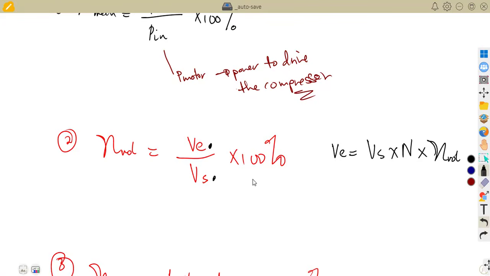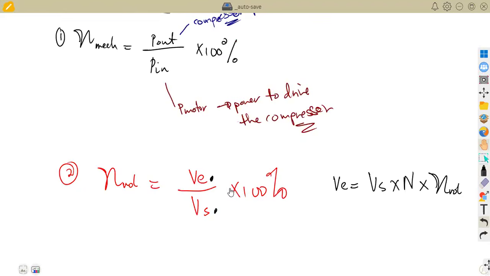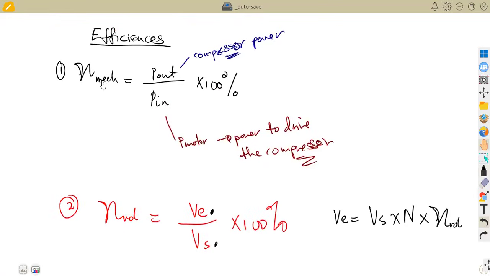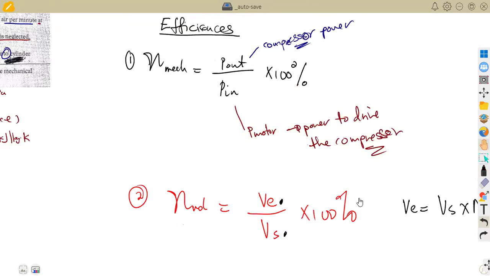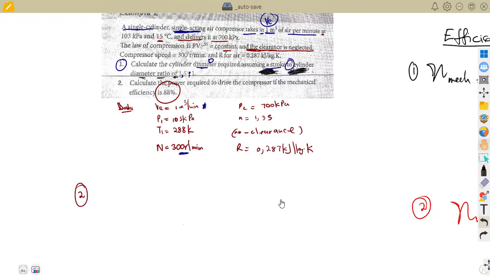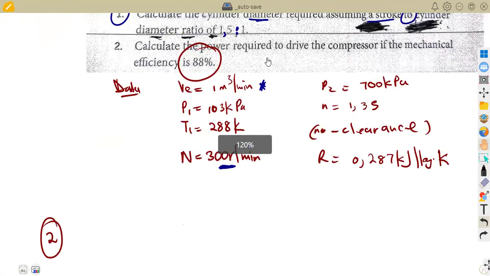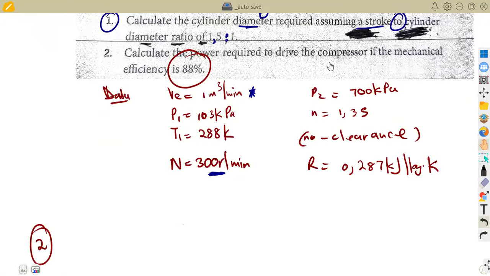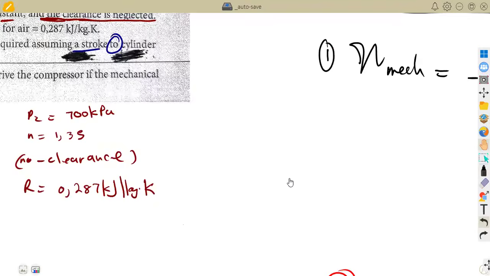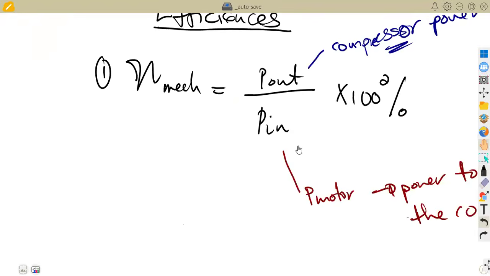So our question was not about the volumetric efficiency. It was to calculate power given the mechanical efficiency. So we're going to talk about this formula. That is the one that we are going to work with to calculate the power required to drive the compressor. Like I said, the power required to drive the compressor is P in.